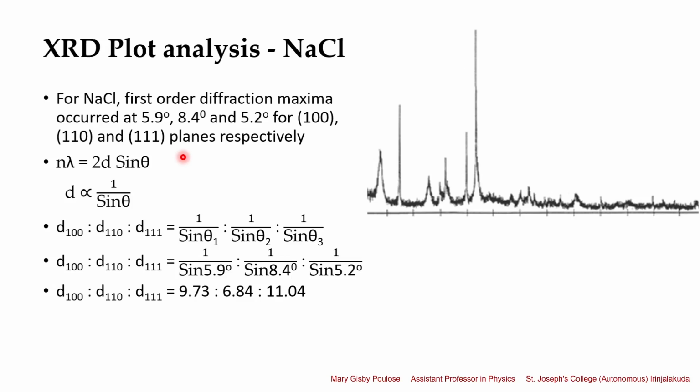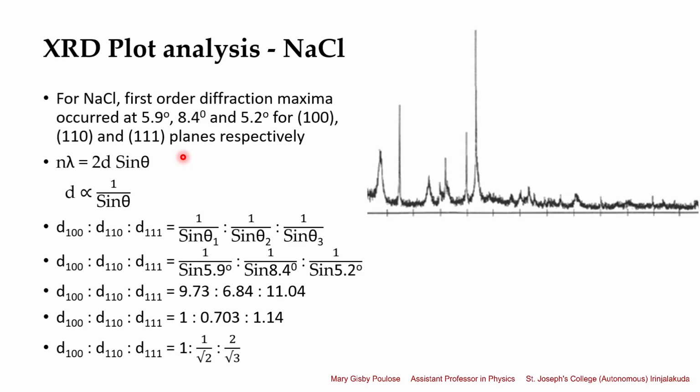For that we divide all three by 9.73 and hence we get the ratio 1 : 0.703 : 1.14. Now this can be rewritten as 1 : 1 by root 2 : 2 by root 3. Now these figures remind us of something.